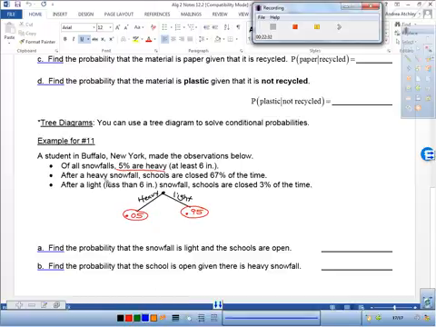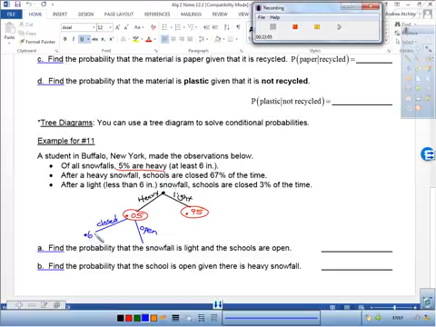We're going to break it down even more. After a heavy snowfall, schools are closed 67% of the time. So now we're going to break this down into two parts again. This is closed. This is open. After a heavy snowfall, schools are closed 67% of the time.